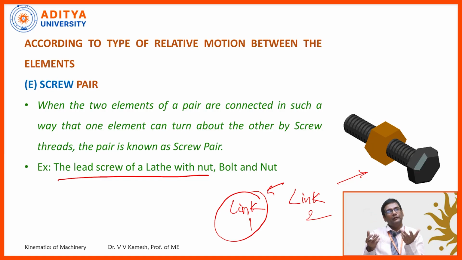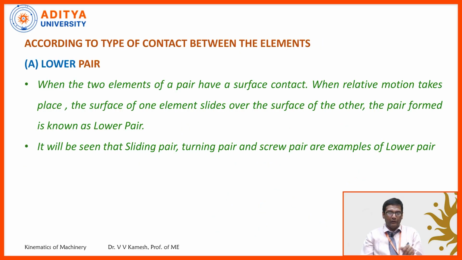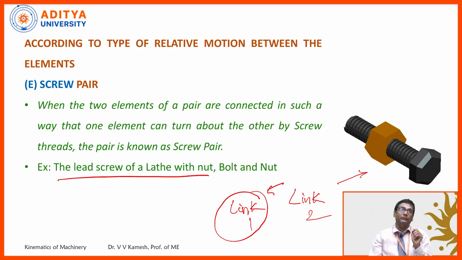Okay. So what about the pair? The screw pair becomes a sliding pair, right? Okay. Now you are having the second classification according to the type of contact between the elements. Earlier it was the relative motion between them, right?